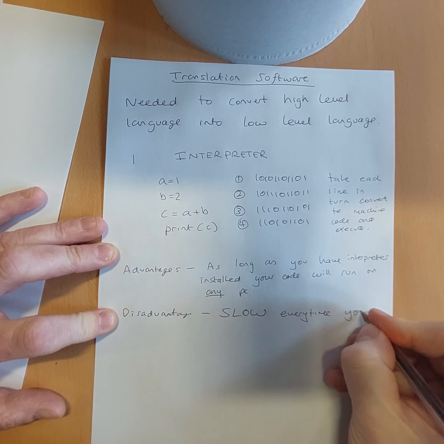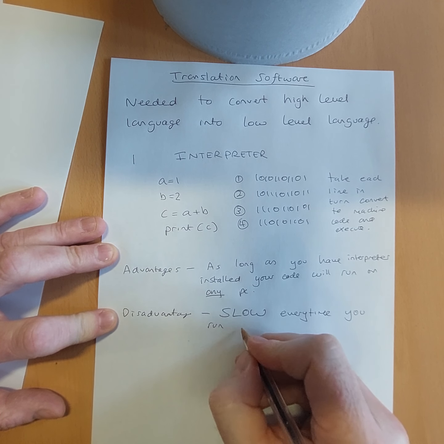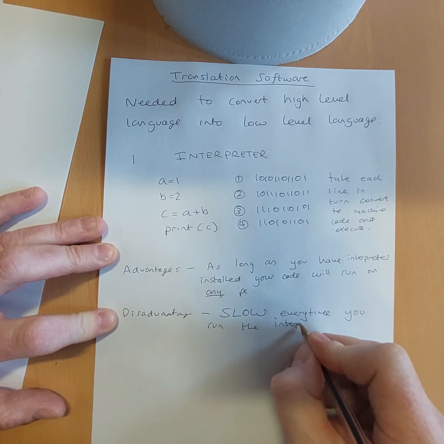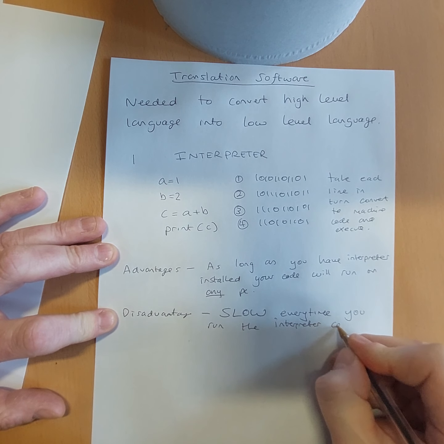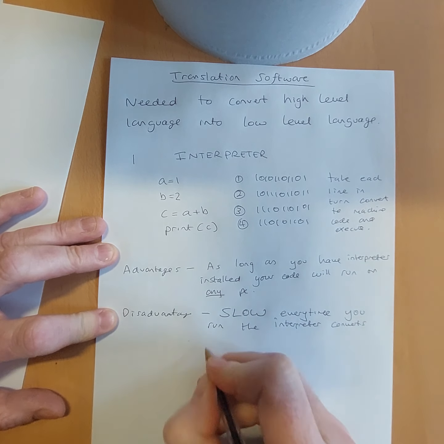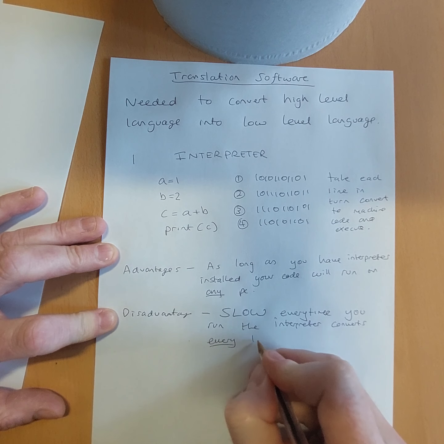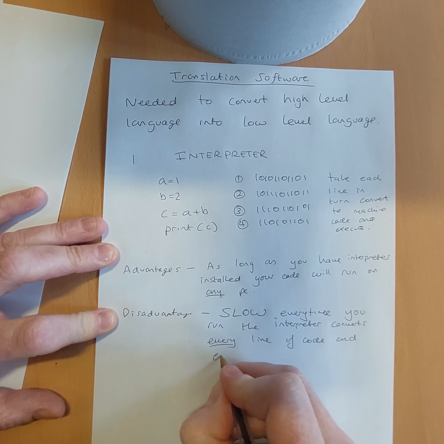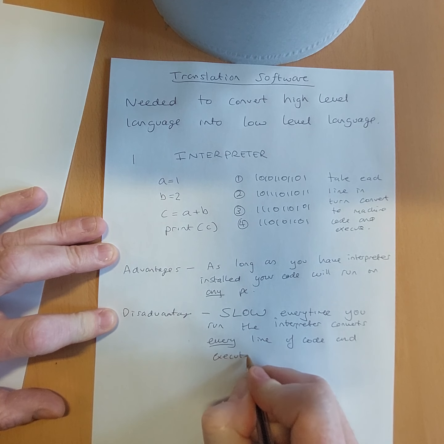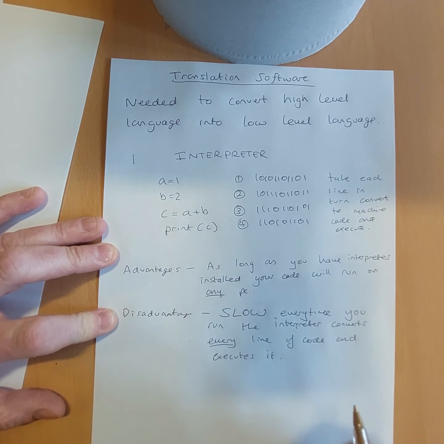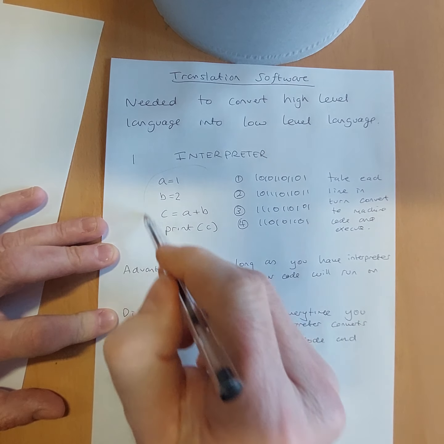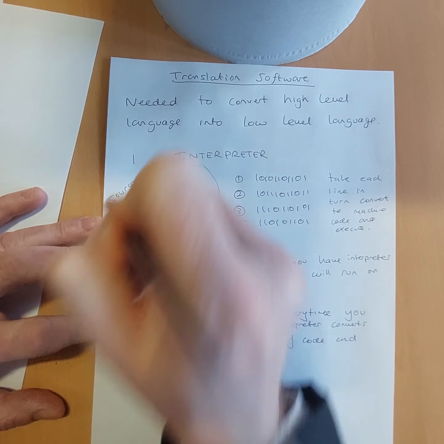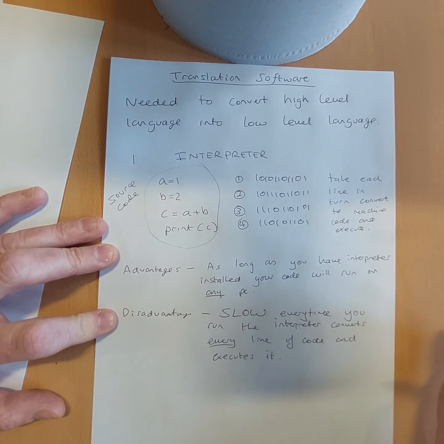So every time you run, the interpreter converts every line of code and executes it. And we call this the source code. The original code you write, we call that the source code.